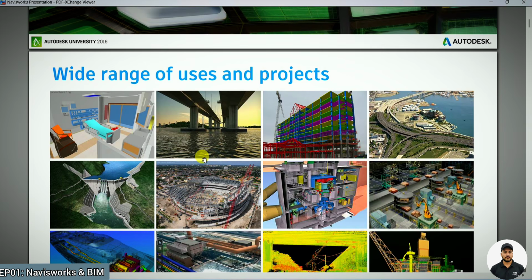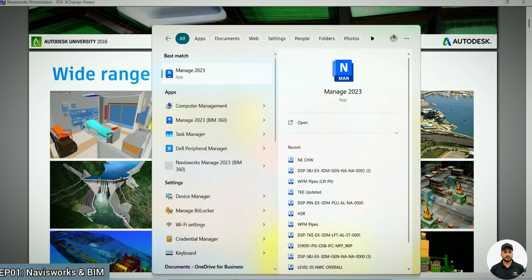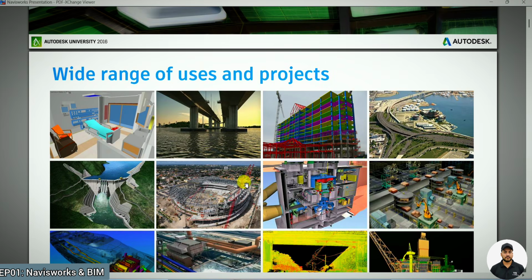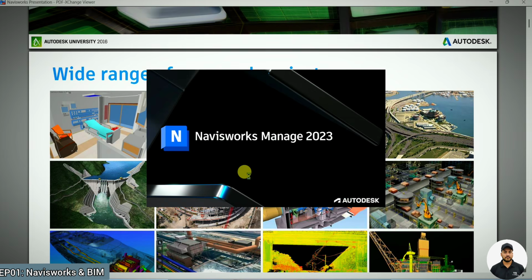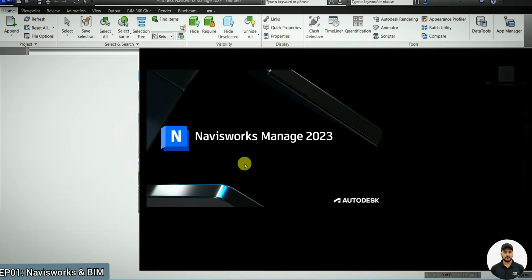So let me open one model in Navisworks in which we will be appending multi-discipline NWCs, and we will see a quick overview of how you can manage those things and how you can see the model.